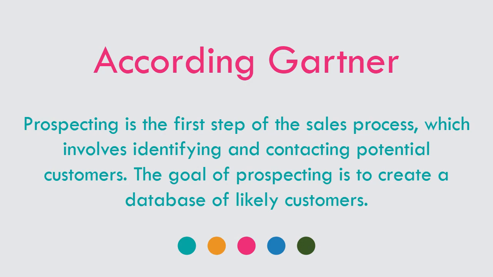The first thing is identifying the right people that you are going to be serving your offer to. The second thing is being able to contact them. When you've identified them, you'll be able to identify where they are, who they are, what they do, and how you can reach them. Identifying and contacting potential customers.